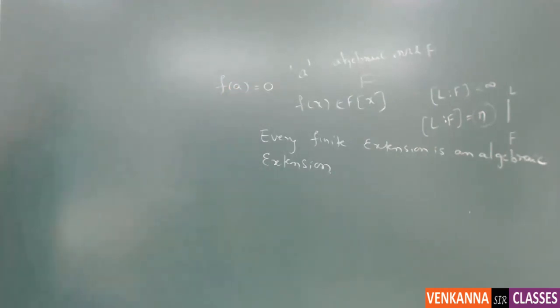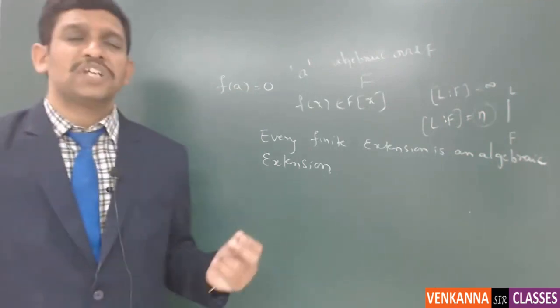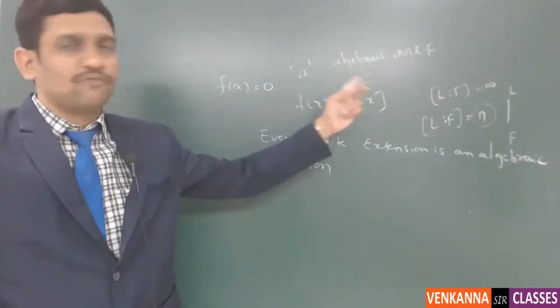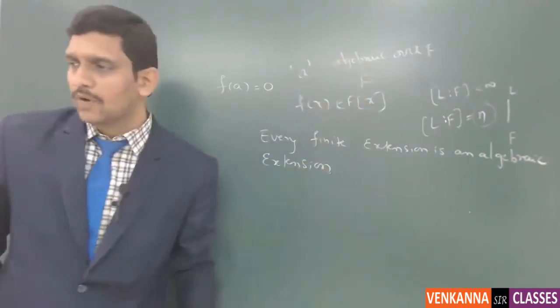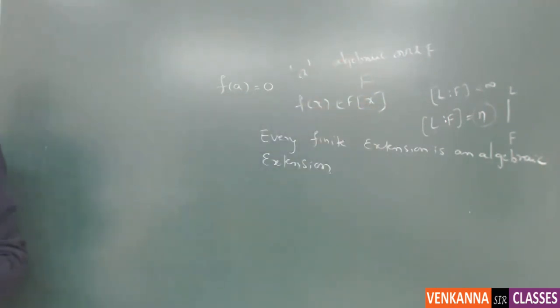In other words, A satisfies a polynomial whose coefficients are taken over F. That was the actual idea of an element being algebraic over a field. Okay? Clear?